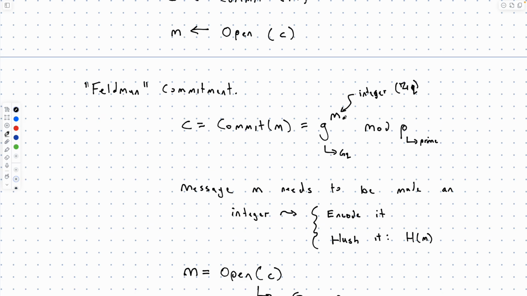Is there a way that you could look at C and figure out what M is? I would solve for M. If I solve for M, what do I get? I get the log. Can I solve a log? I can't. That's the whole point.